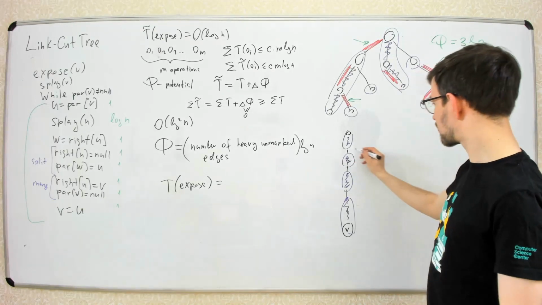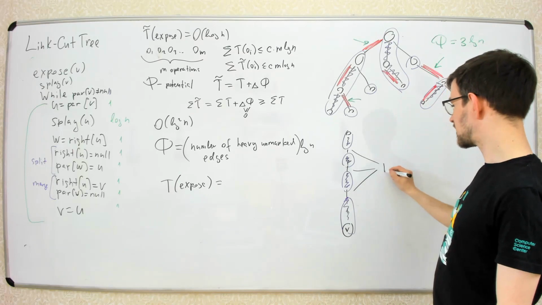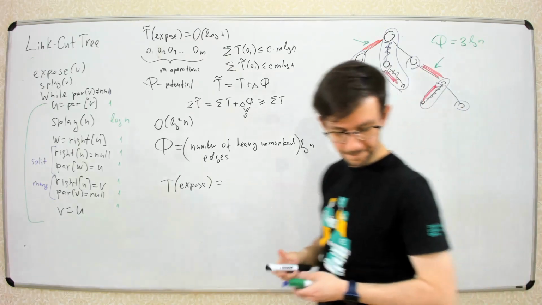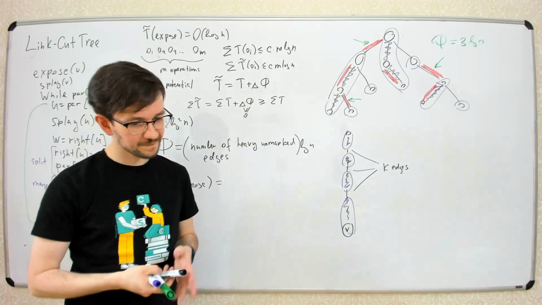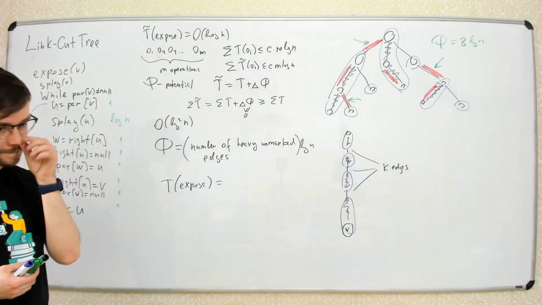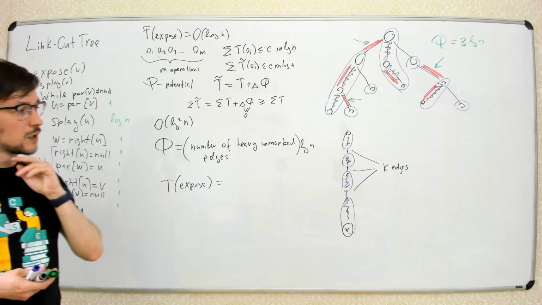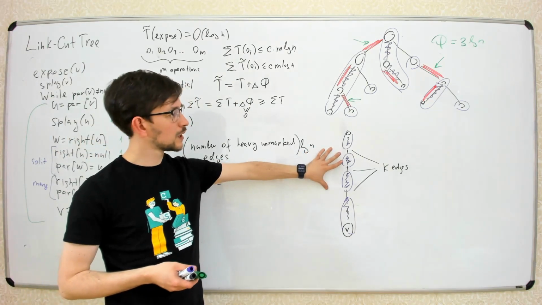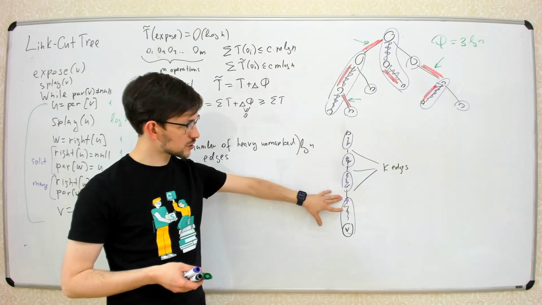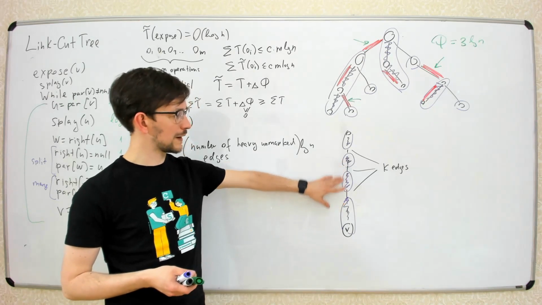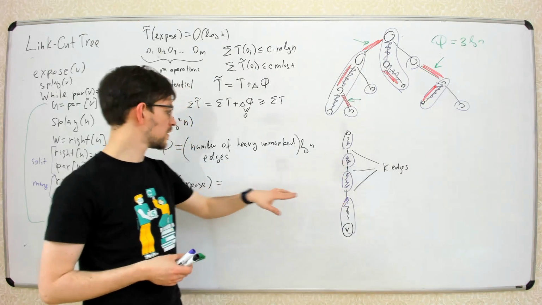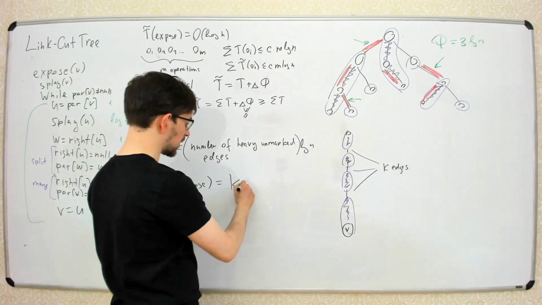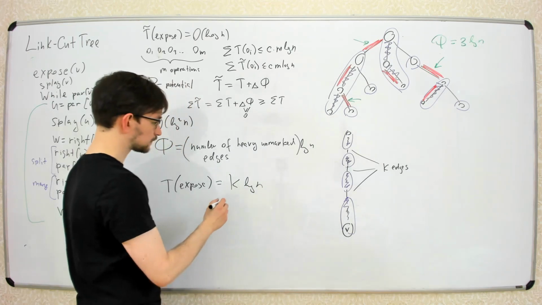Let's say you have k edges on this path which need to be marked. To mark all these edges, you need to spend log n time for each edge. So the time complexity of this expose will be k multiplied by log n, right?